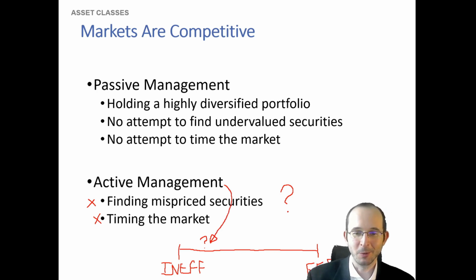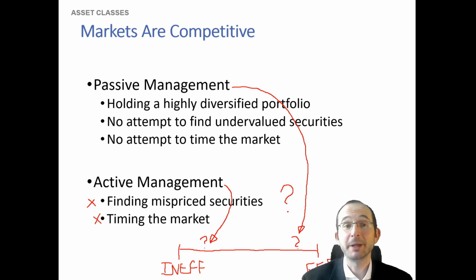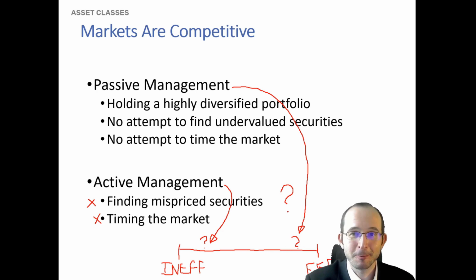Whereas if you think that you are closer, or the market you are looking at is closer to efficiency than inefficiency, well, then you might want to do passive management. So the investment strategy that you will pursue will depend on how competitive and efficient the market actually is.